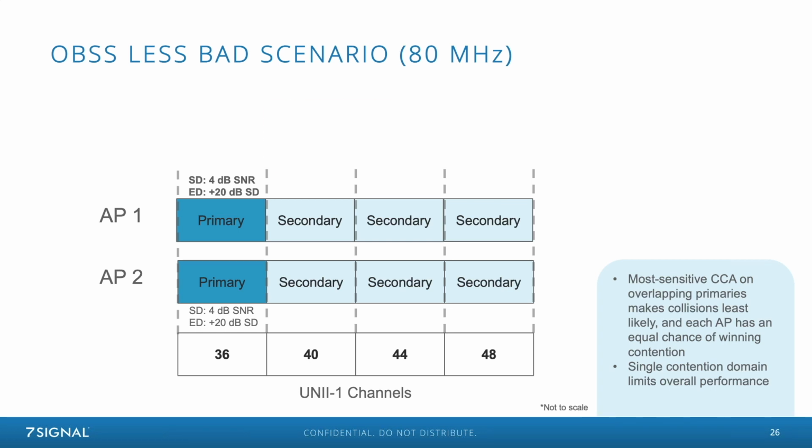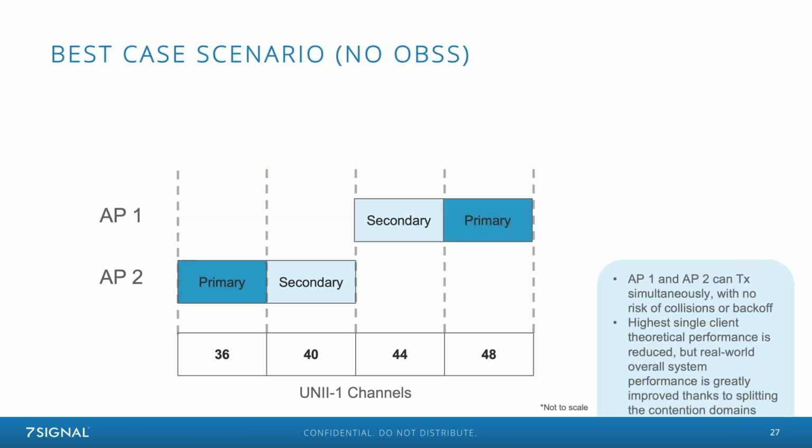So, what's the right thing to do? The right thing to do is just not encounter OBSS at all. Let's just change our channel width down to 40 megahertz. And then we've got two contention domains, and contention can happen simultaneously in each domain.